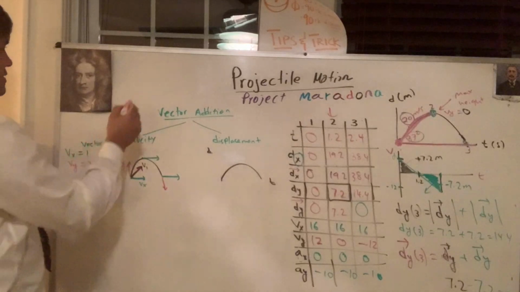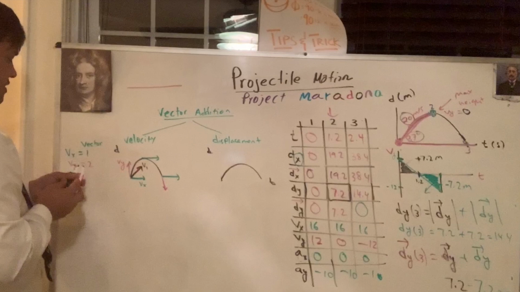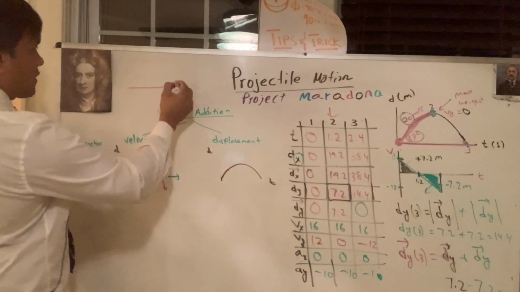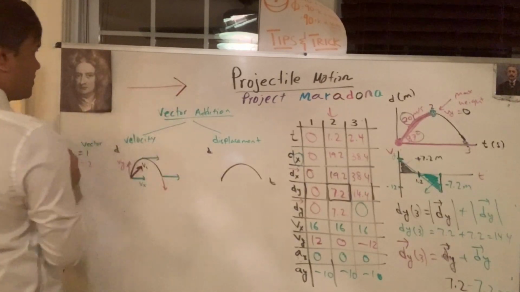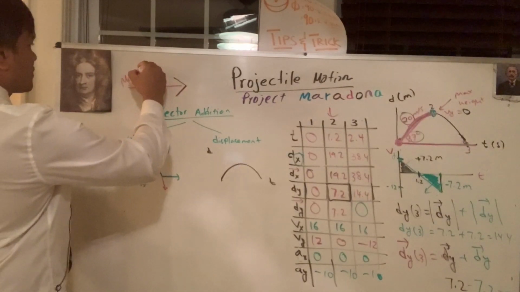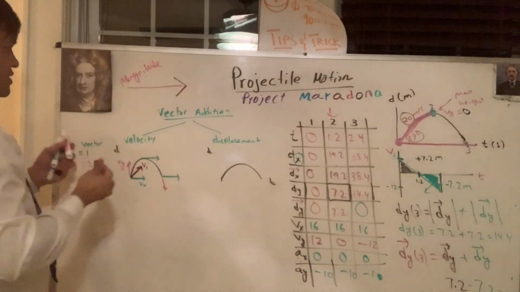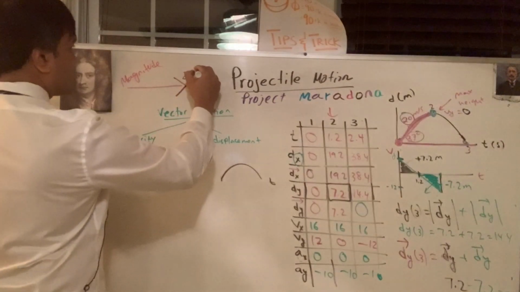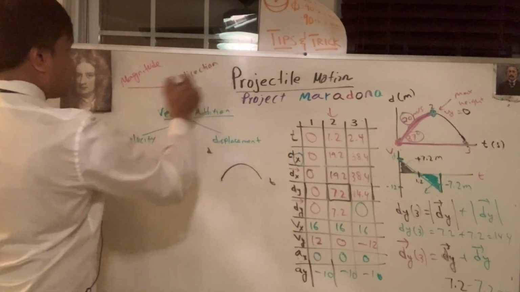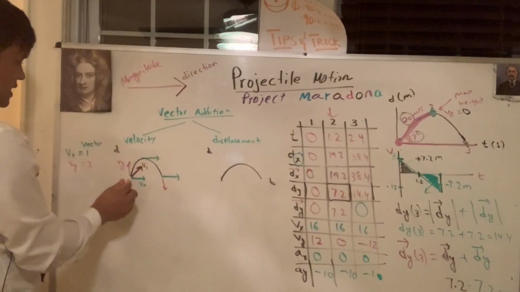Before I do that, I just want to describe the vector. So the vector has two properties, red and purple. The red one is magnitude, and the purple one is direction. The magnitude of this vector, I think is green.